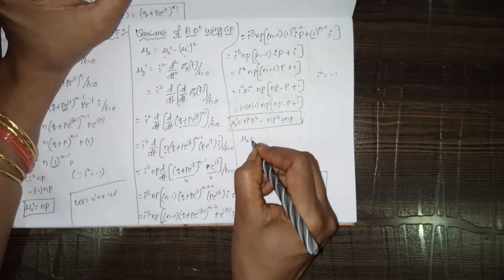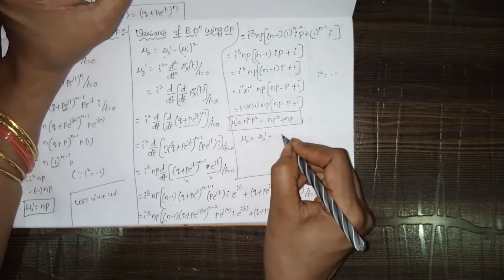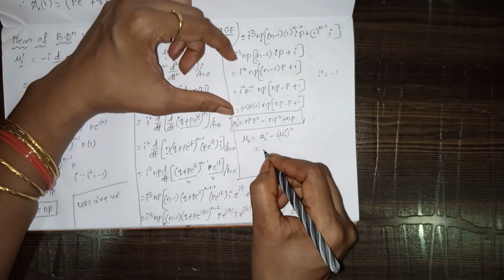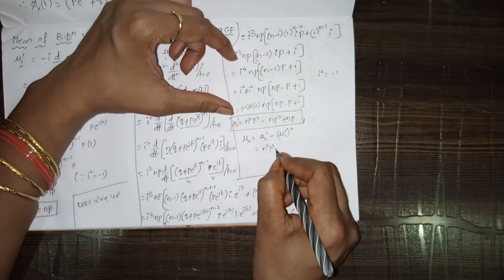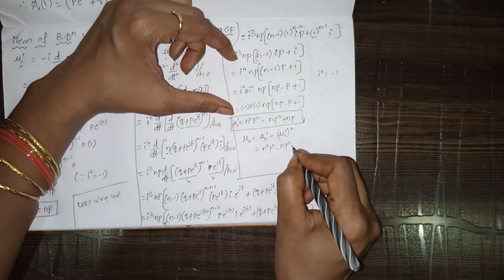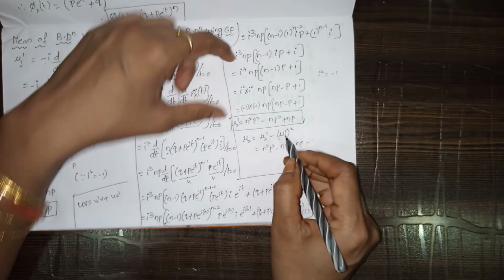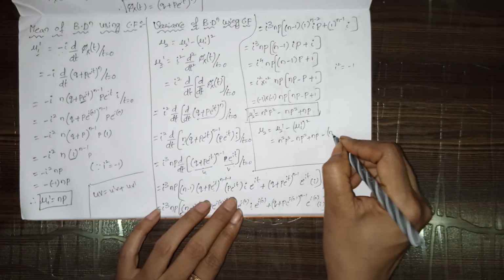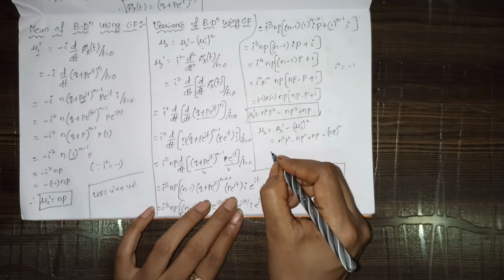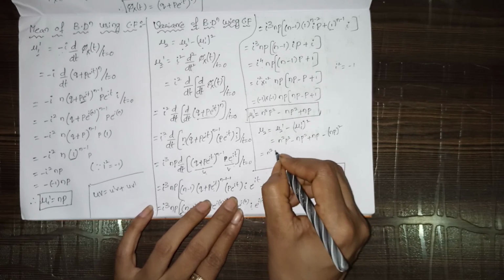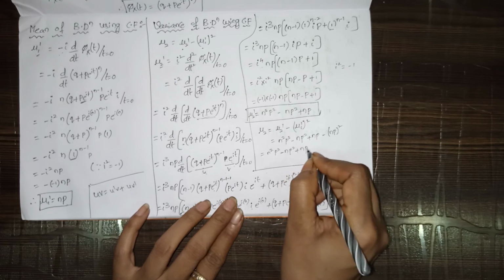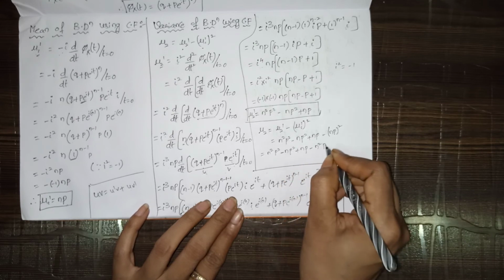So mu2 equals mu2 dash minus mu1 dash whole square. So mu2 dash in the sense n square p square minus np square plus np, minus mu1 dash in the sense what we got? np. So np whole square. So that equals n square p square minus np square plus np minus n square p square.